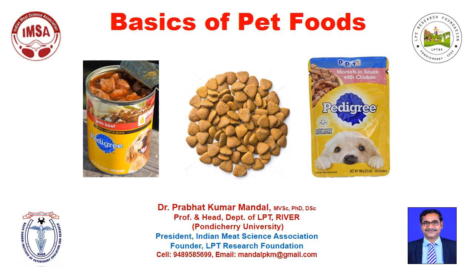So here I will discuss a basic introduction about the pet foods and pet food industry, and then we will see briefly about the history of pet foods and types and classification of pet foods, a little detail about the different kinds of pet foods like dried, moist, semi-moist pet foods, and then briefly we will see about the marketing and nutritional formulation and the advantages and disadvantages of some of these different kinds of pet foods.